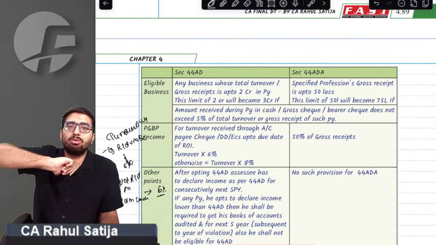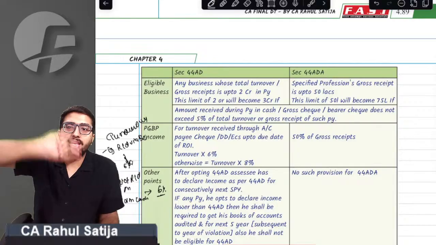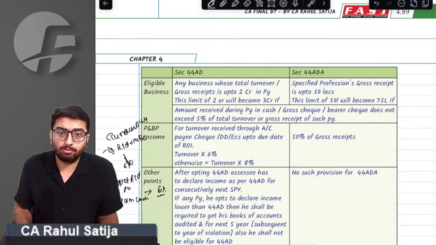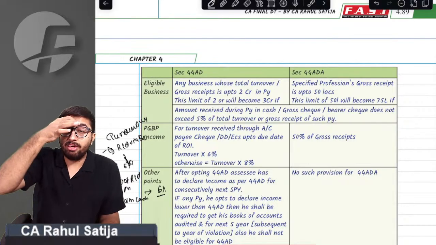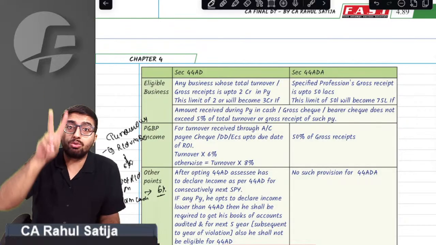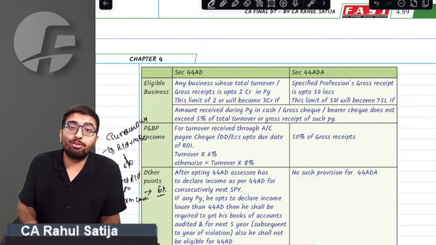Sir, who is eligible to claim 44AD? Provision says if anybody has turnover up to 2 crore, he is eligible for 44AD. But sir, here is the catch.